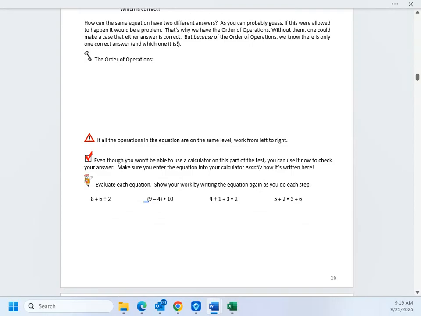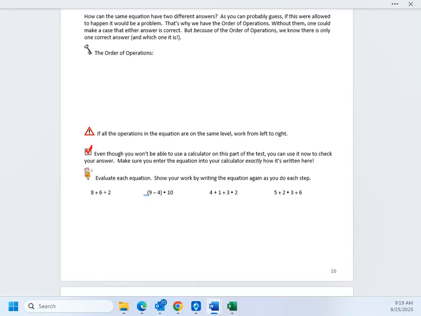As you can probably guess, if this were allowed to happen, it would be a problem. That's why we have the order of operations. Without them, one can make a case that neither answer is correct, but that's not so with math. With math, there's one correct answer. But because of the order of operations, we know there's only one correct answer and which one it is.